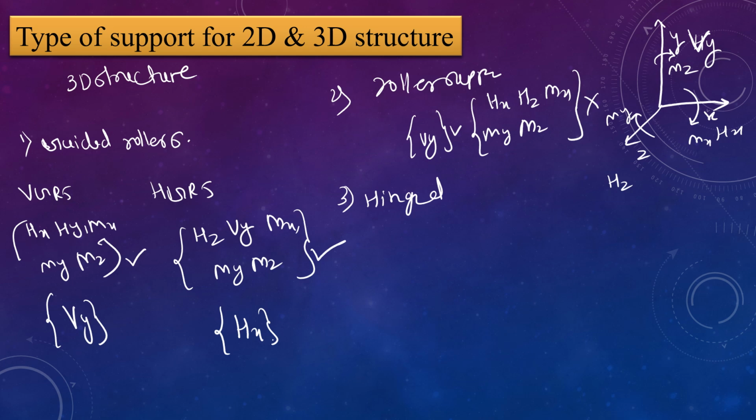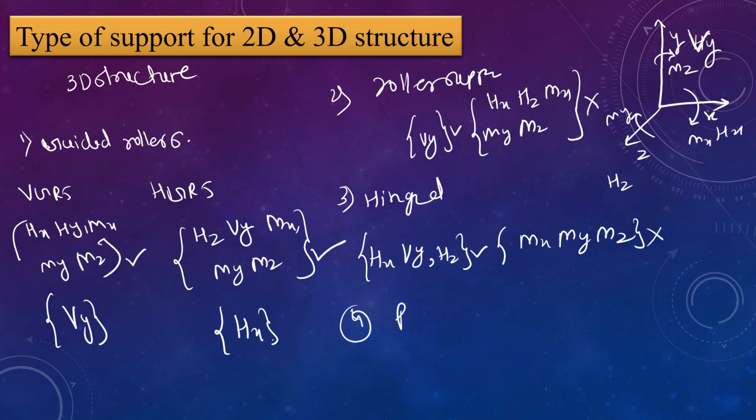Hinge support is allowed movement only in the case of moments, and it is restricted in horizontal and vertical forces. So the values of Hx and Vy are present, and one more value, Hz, is also present here, and the remaining Mx, My, Mz values are not present here.